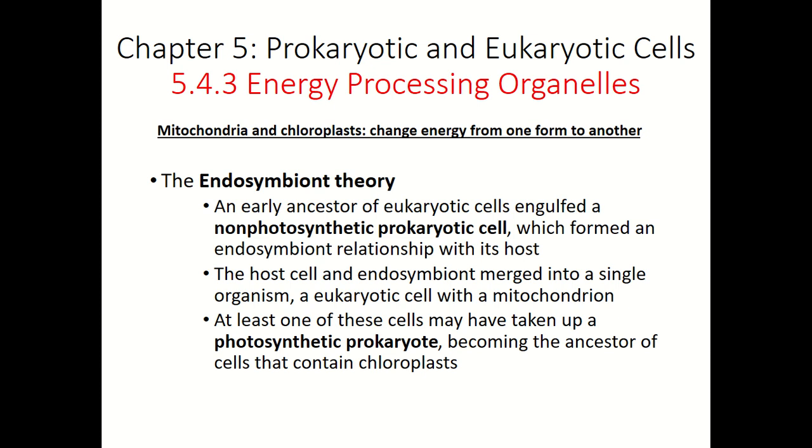Somehow some of the eukaryotic cells that already contain mitochondria will engulf another photosynthetic prokaryote. Then this photosynthetic prokaryote later will live inside the host, and now it's known as the chloroplast. So the next eukaryotic cell contains chloroplast and also mitochondria.